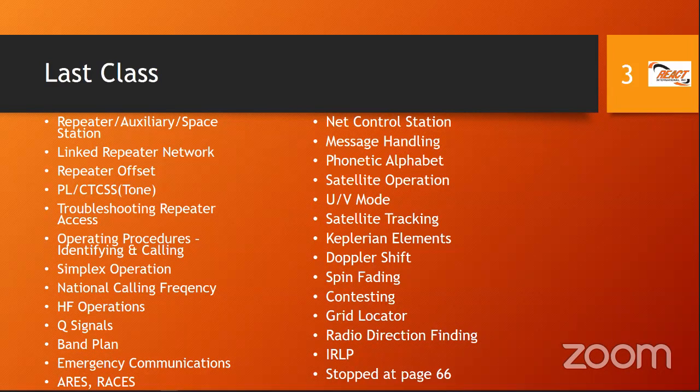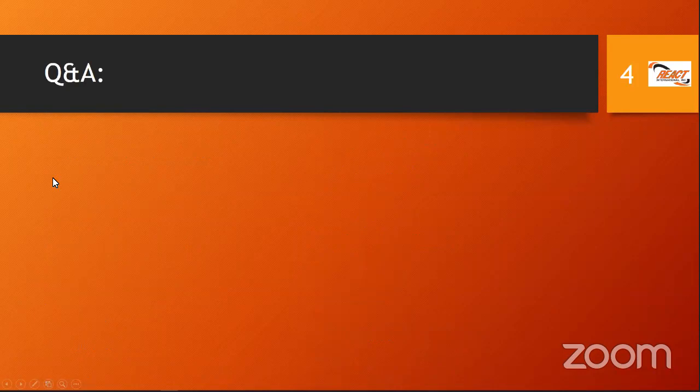We also considered what contesting was. We looked at what a grid locator is. And we also talked a bit about radio direction finding. And we ended with IRLP. So today, let me just get into the Q&A first.